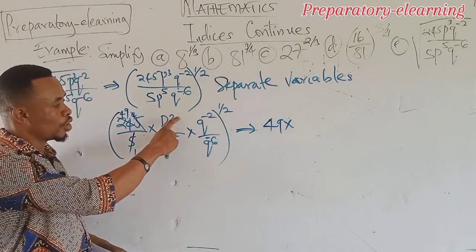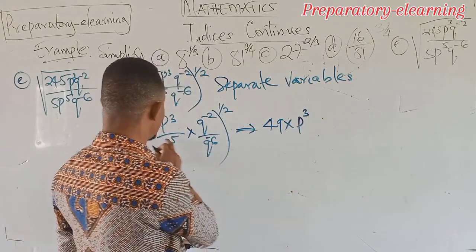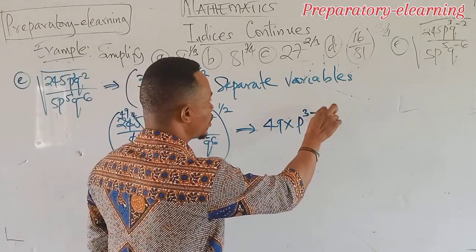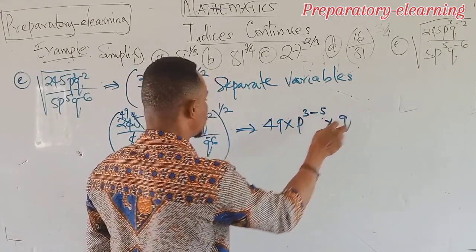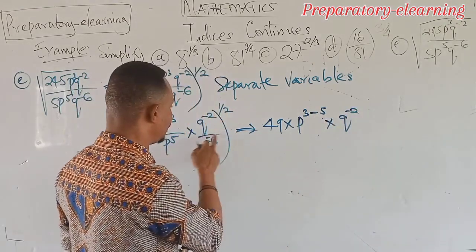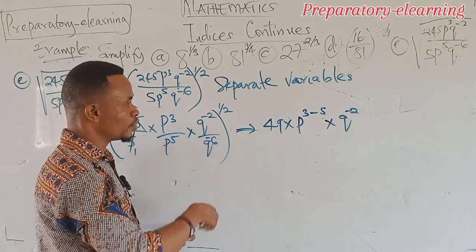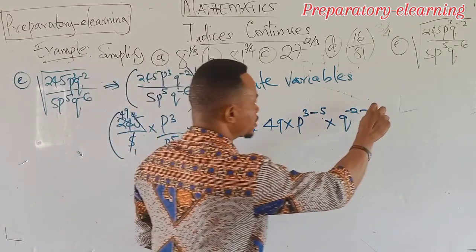Applying our division law, we have p power 3, because of division, we put minus and power 5. Times q, the same thing here, power minus 2. Because of division, please let's look at this closely, we have the first minus, and then minus 6.